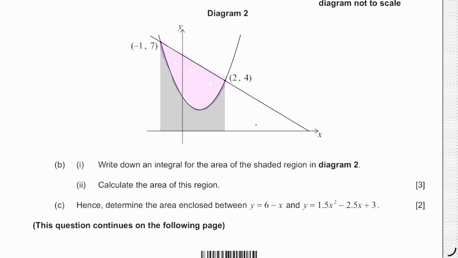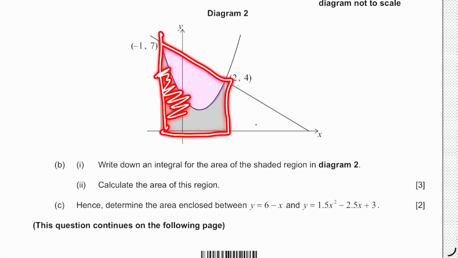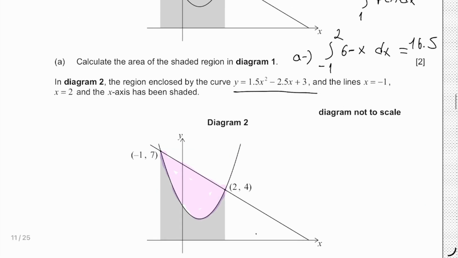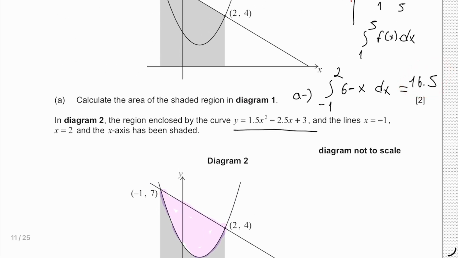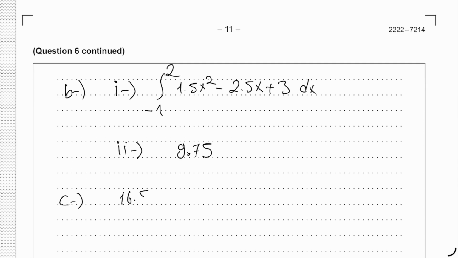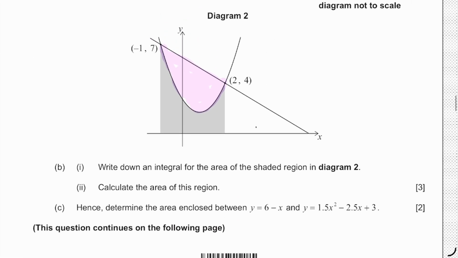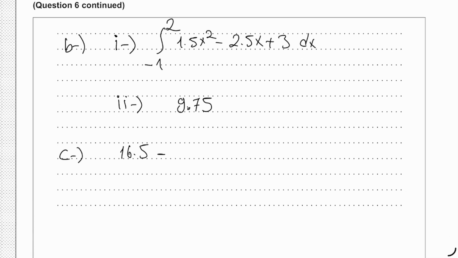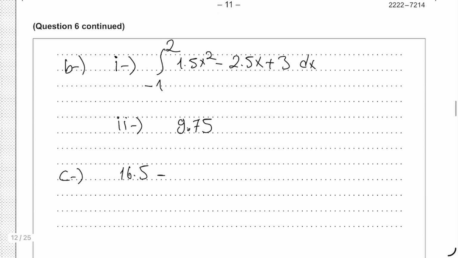Basically, this area minus this area, right? So the first area that we found was the answer of part A, which is 16.5, minus the area under the curve, the shaded region for now, this part, which we found in part B(ii), which is 9.75.